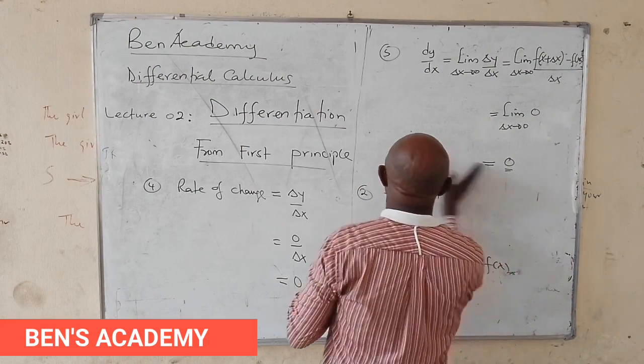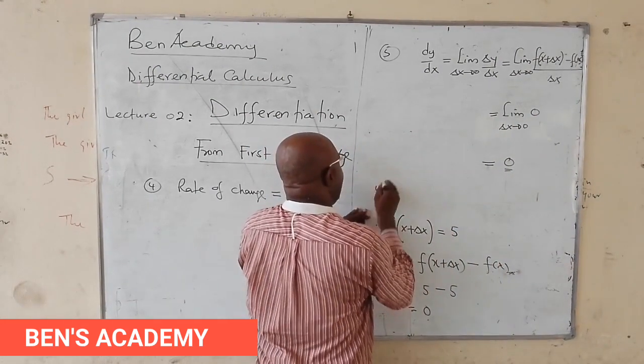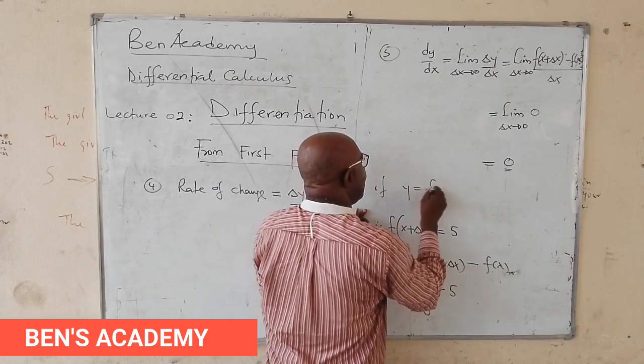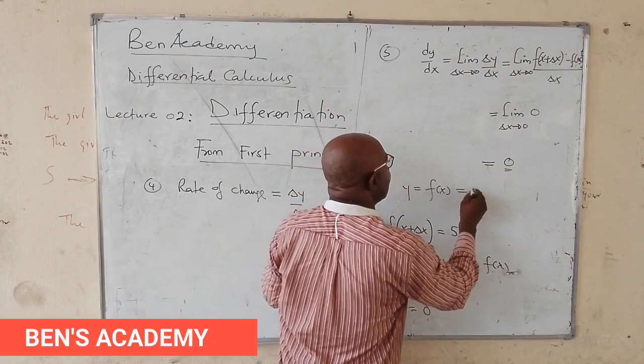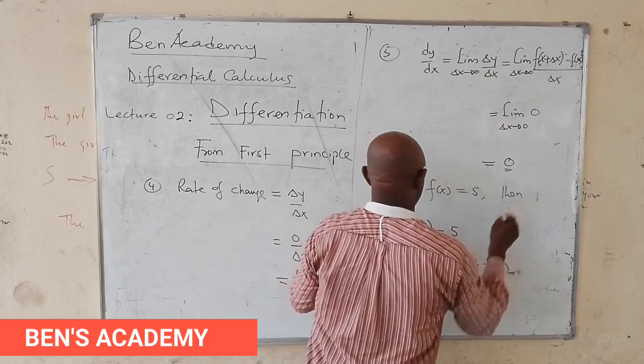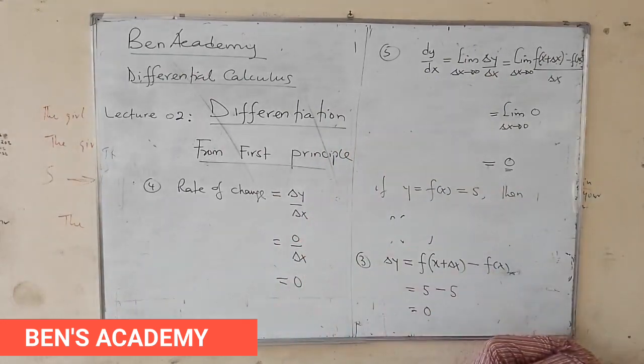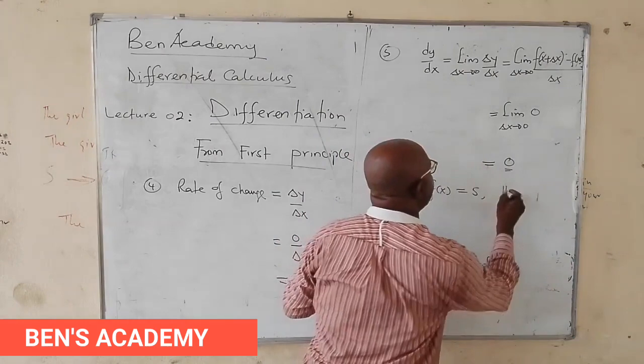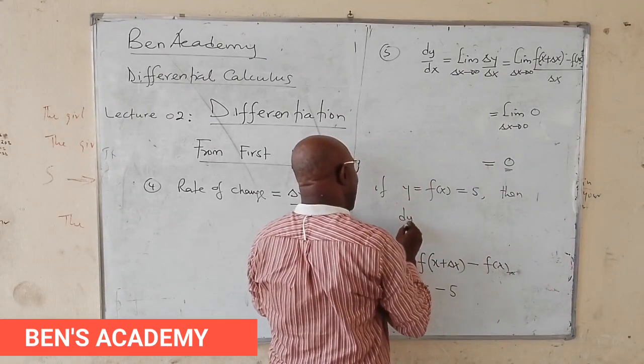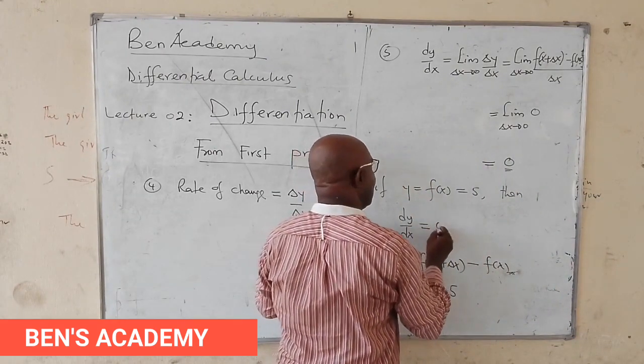So what we are trying to say here is that if y, which also means f of x, is equal to 5, then dy/dx will be equal to 0.